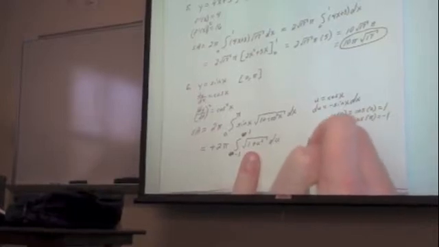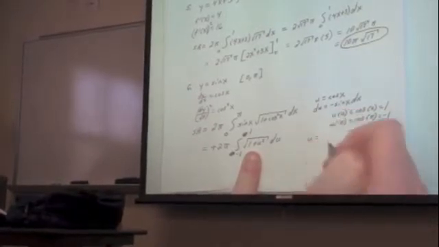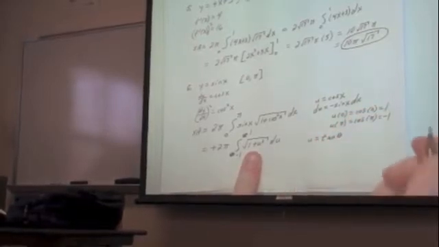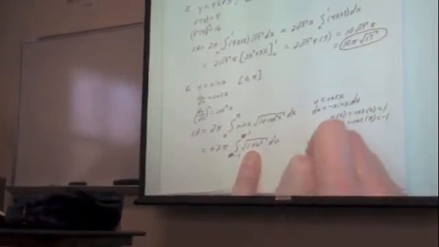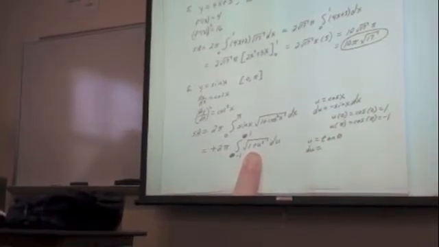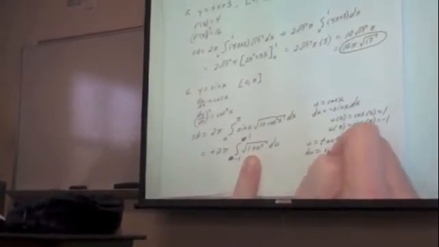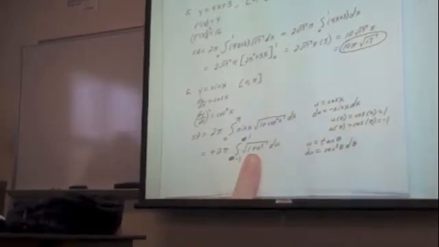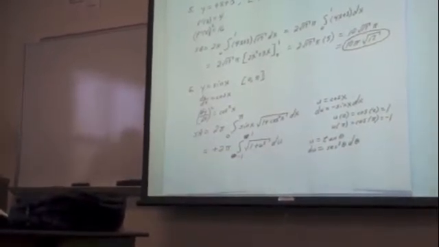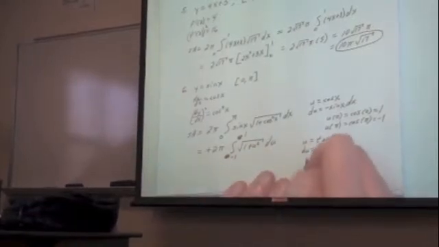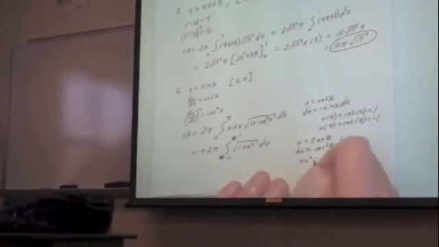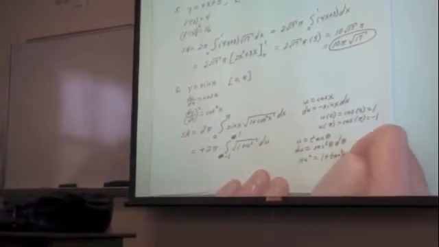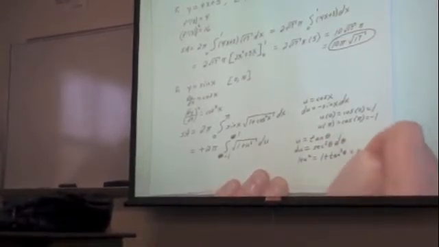So I'll allow u to be tangent theta, and then du, the derivative of tangent, is secant squared theta with respect to theta. Now, I also know that 1 plus u squared is 1 plus tangent squared, which is secant squared.